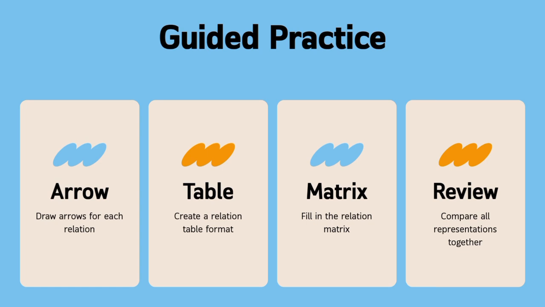Matrix: fill in the matrix with 1s and 0s to represent the same relation. Afterward, we'll compare all three methods and see how they show the same information in different ways.